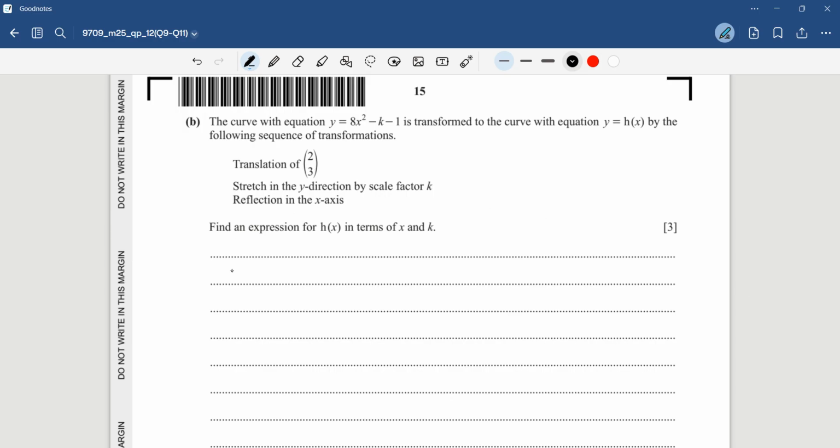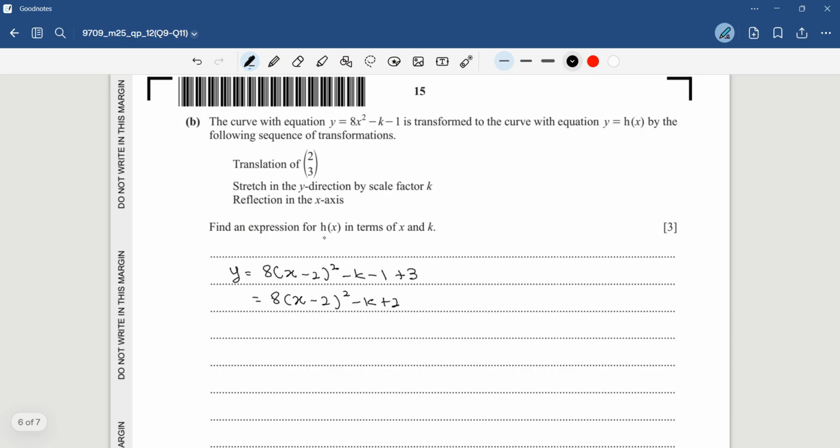So y is equivalent to 8, and x moves 2 units to the right, so it's going to be x minus 2 squared. If it is 2 units to the right, it's going to be x minus 2, and y moves 3 units up, so we go plus 3.